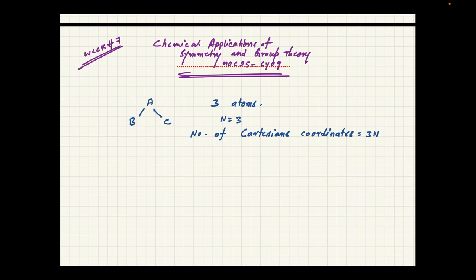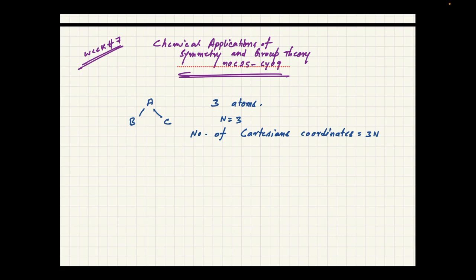If you consider these 3n Cartesian coordinates and perform each symmetry operation on them, you will generate a reducible representation, and from that reducible representation you can generate the different irreducible representations, like how many irreducible representations there are.